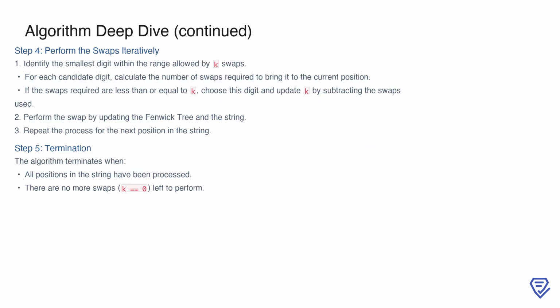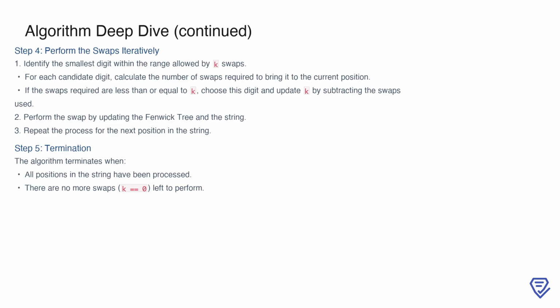Next, we perform the swaps iteratively. For each position in the string, we identify the smallest digit within the range allowed by the remaining number of swaps. To do this, we calculate how many swaps would be required to bring each candidate digit to the current position. If a candidate digit requires fewer swaps than the remaining k, we select it, update the value of k by subtracting the swaps used, and proceed.